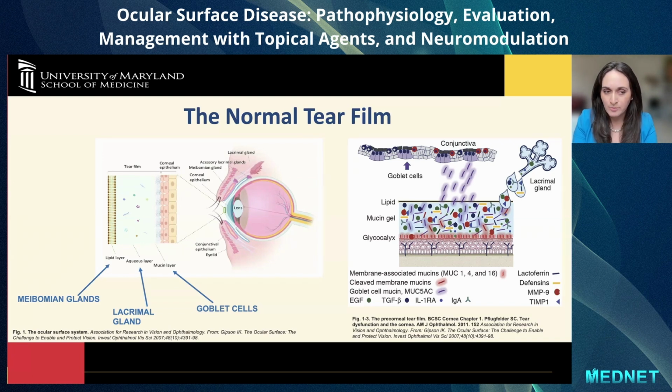The lipid layer is produced by the meibomian glands, the aqueous layer is produced by the lacrimal gland, and the mucin layer is produced by the goblet cells. Classically, they were thought of as three different components to the tears. More recently, it's better understood as more of a mixture of all of these components, and we're going to go into each one individually so we can better understand these.